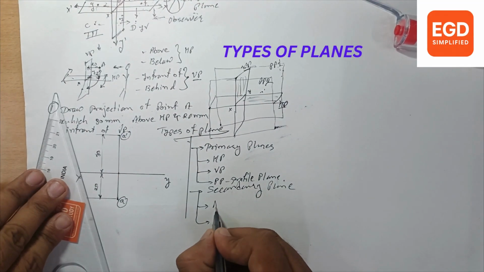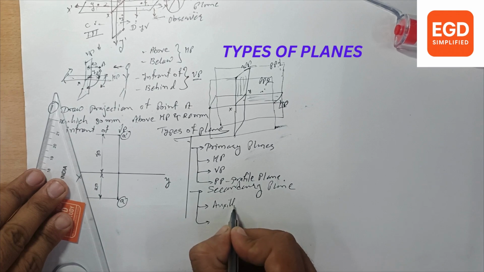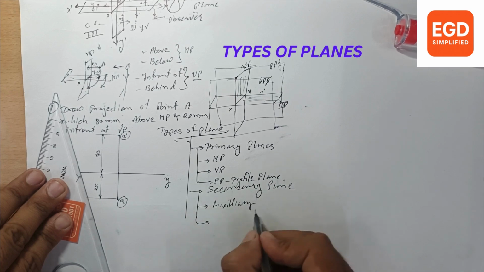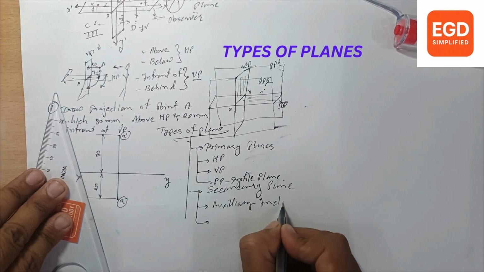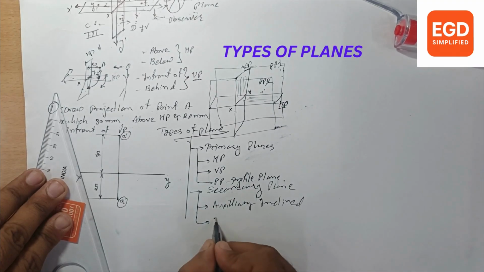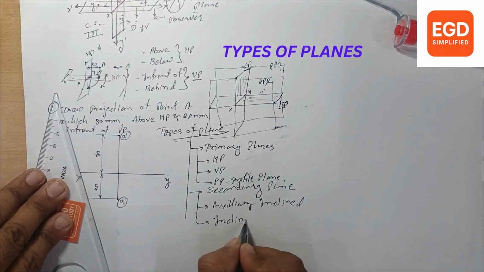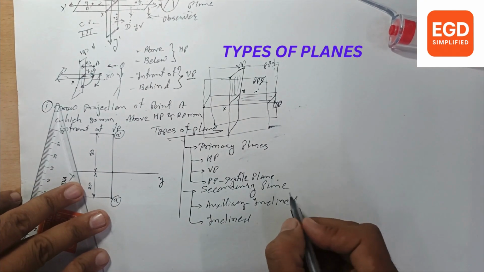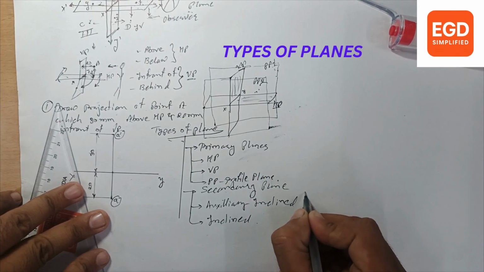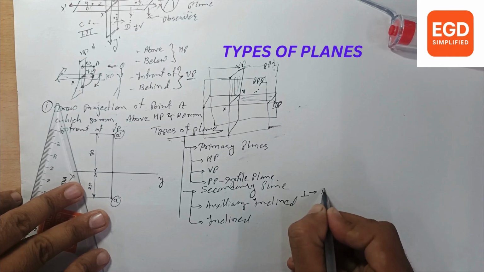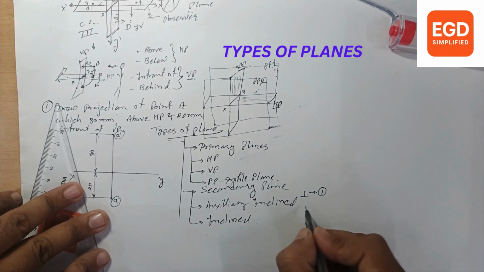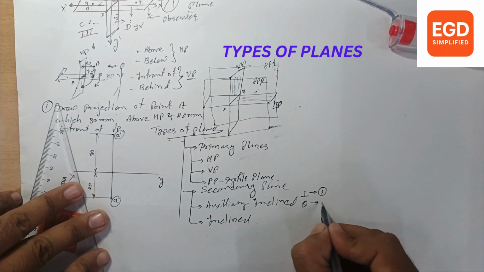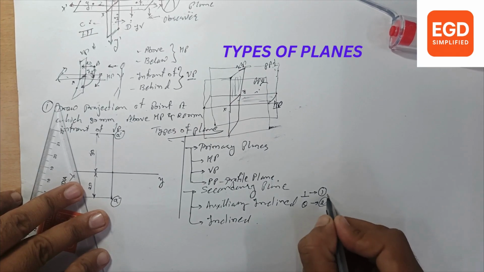Now secondary planes, there are two types of secondary planes. One is the auxiliary inclined plane, and another one is the inclined plane. In the auxiliary inclined plane, the plane is making 90 degrees with one plane and theta angle with the remaining two planes.